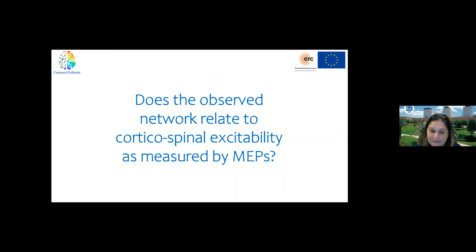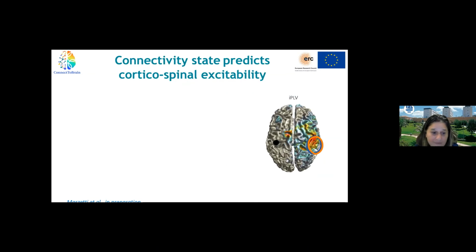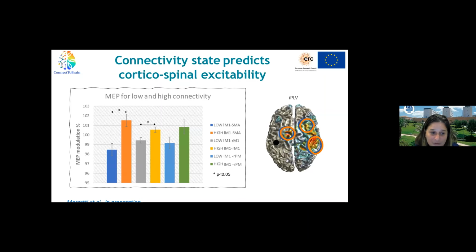Does it have anything to do with the changing of trial by trial corticospinal excitability as indexed by MEPs? So in order to understand this, we also calculated some MEP modulation, very similar to what is usually done for the phase.